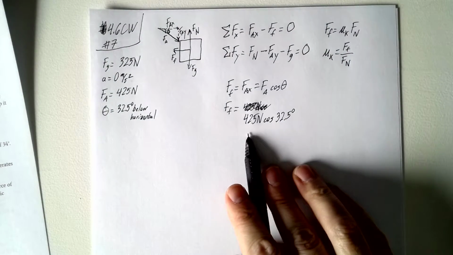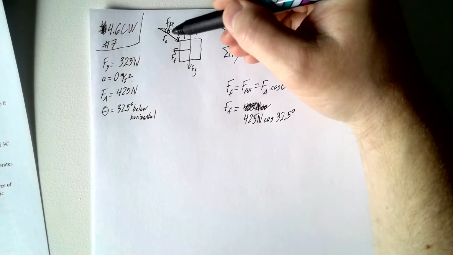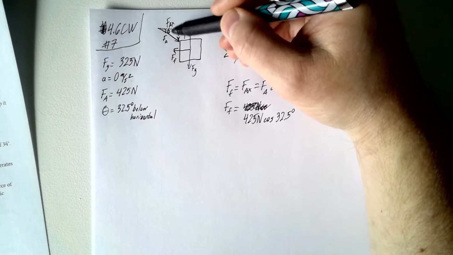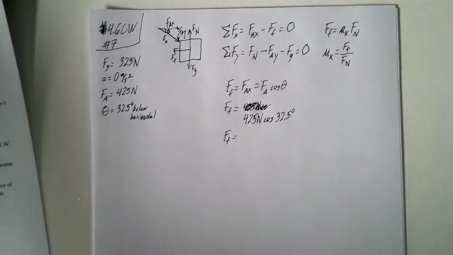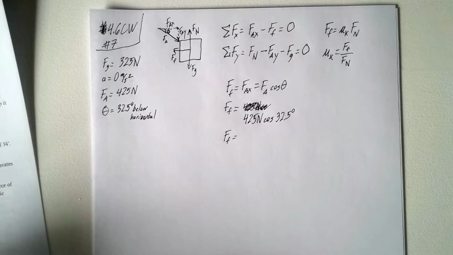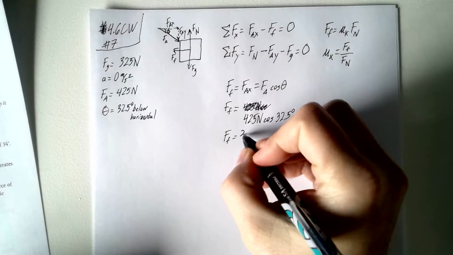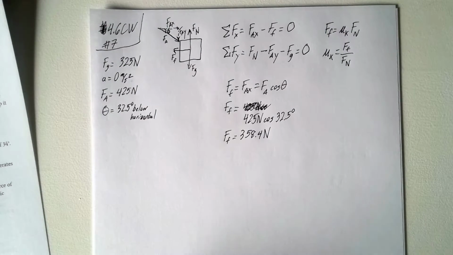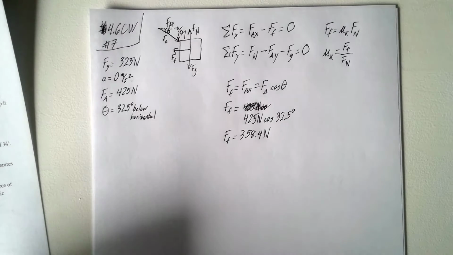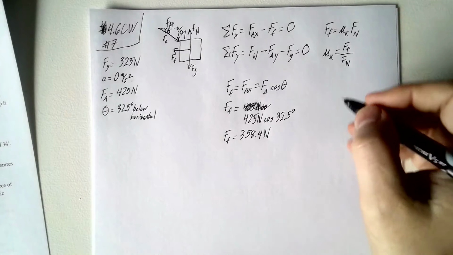So that's our trig function here for FAX. We're using the adjacent side, so you're using cosine. So F of F in this case is 358.4 newtons. Double checking my calculation. Yeah, okay.